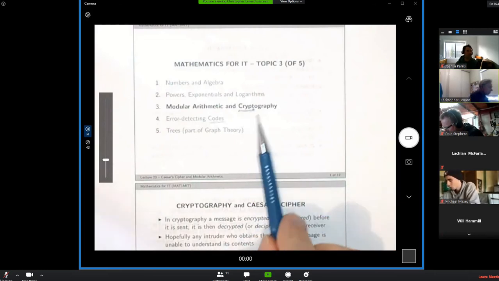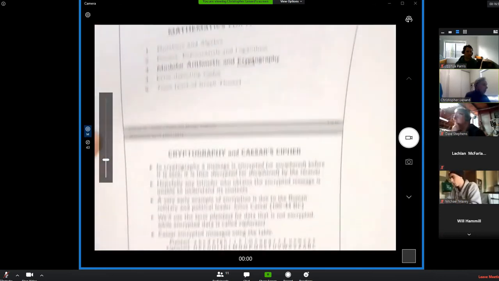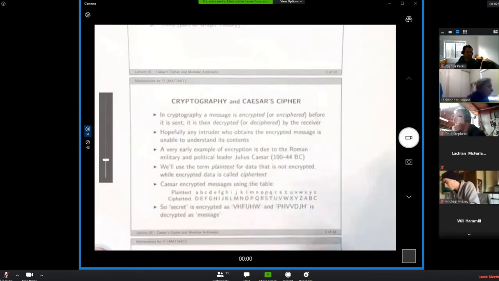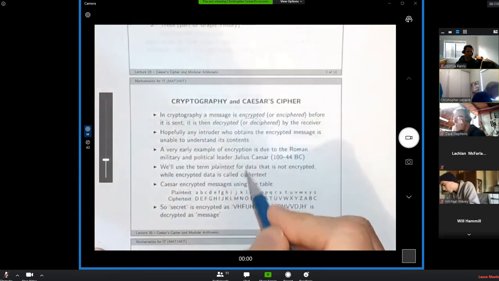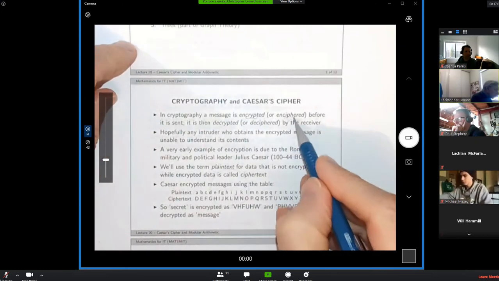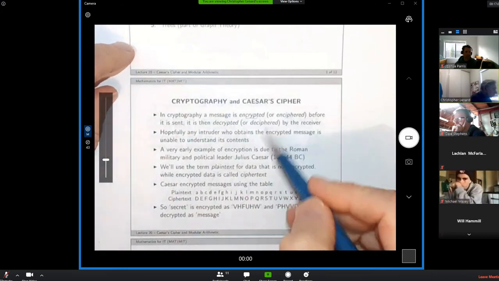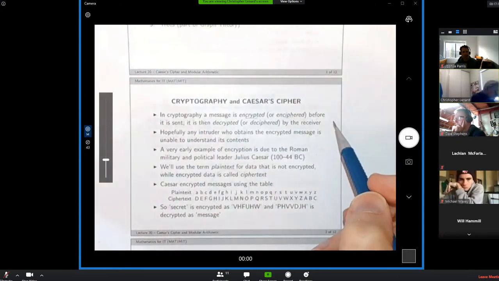So we're going to be doing this cryptography there. So in cryptography, we've got a message, it's encrypted. So again, crypt meaning hidden. So we're going to hide it, or enciphered. And then once it's received at the other end, you've got a message, you encrypt it to hide it.